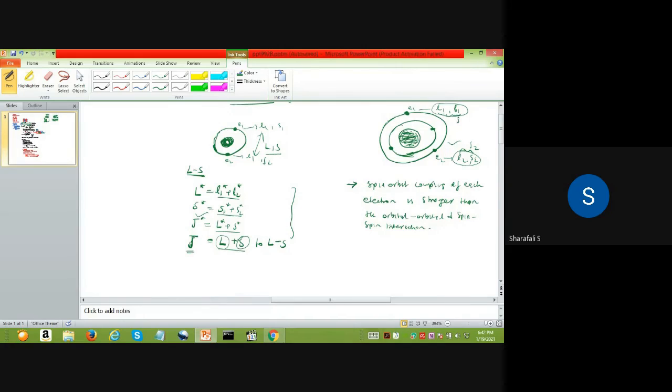These two will form J1, and J1 and J2 will interact to form the total J. So in this case, the spin orbit coupling of each electron will be stronger as compared to the orbital and spin interaction of the different electrons.